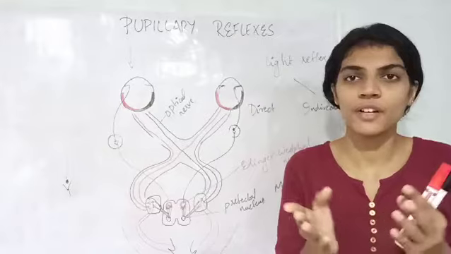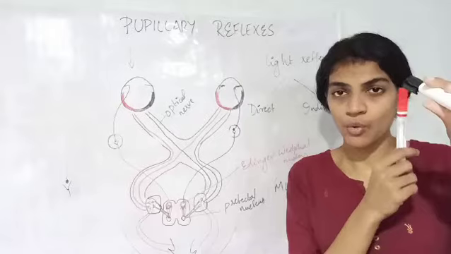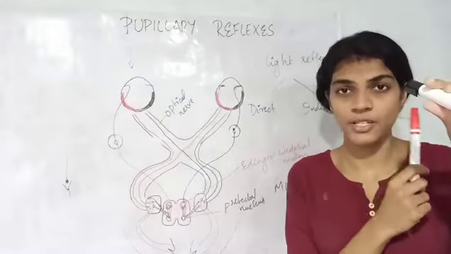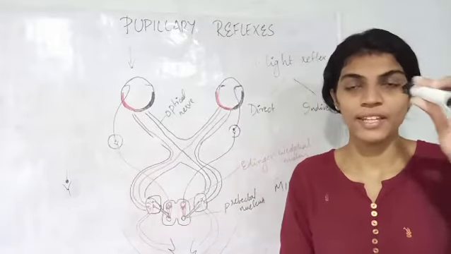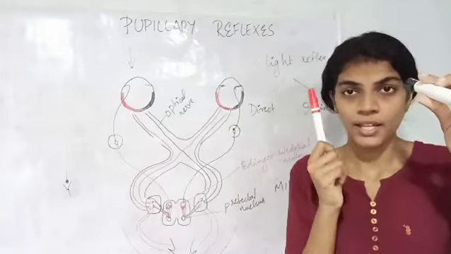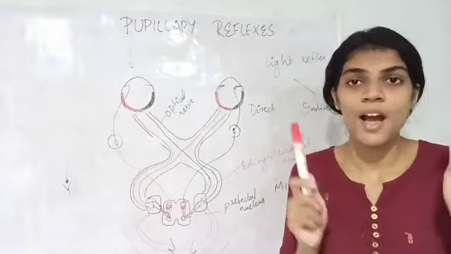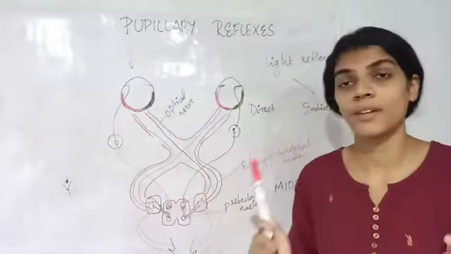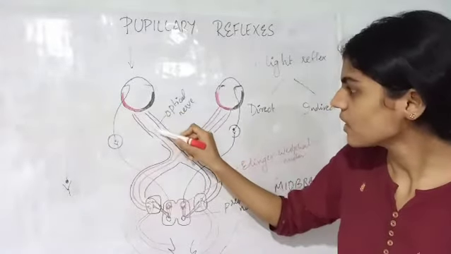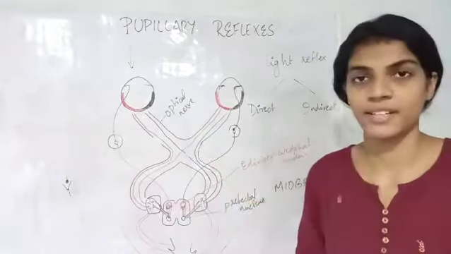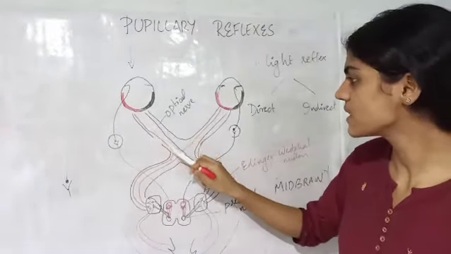This light reflex is direct and indirect, right? Direct means when light strikes one eye, the constriction of the pupil in the same eye. But indirect you can also see: when light strikes this particular eye, constriction of the pupil occurs in the opposite eye also. How can you explain it with the help of this pathway? You can see some nerve fibers crossing here, the nasal retinal fibers.